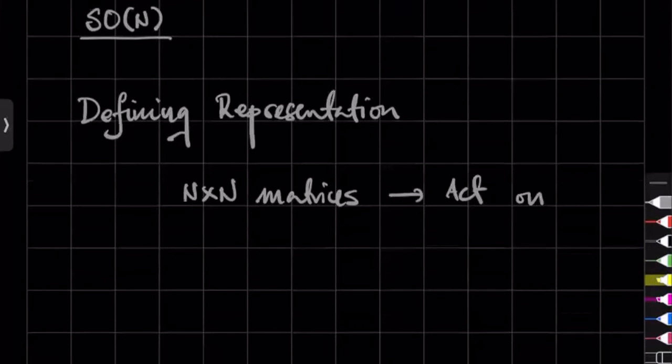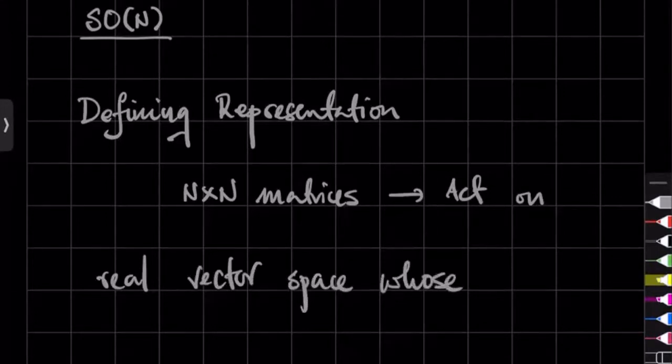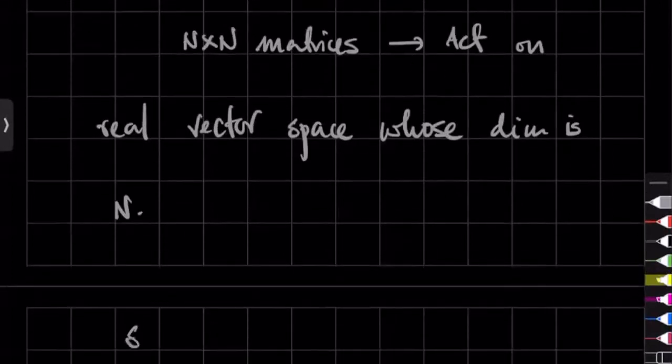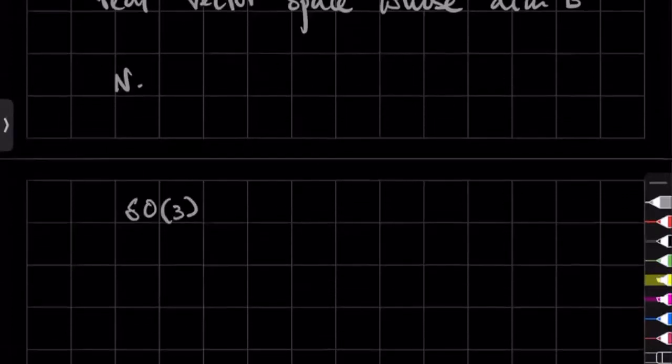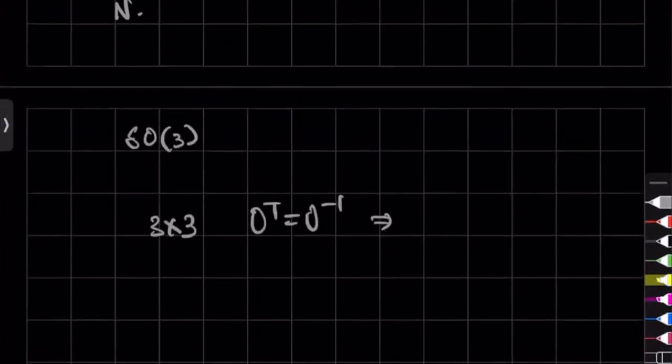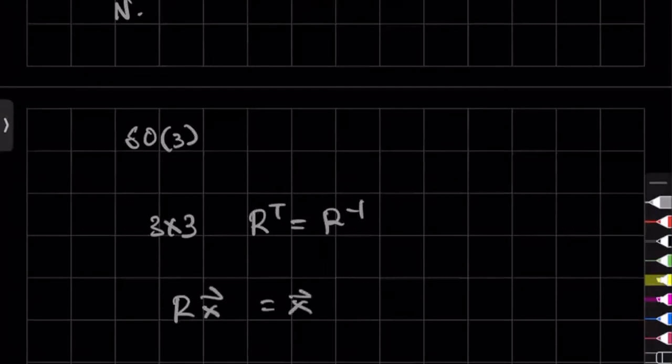So they act on a real vector space whose dimension is n. In the case of SO3, we know that these are 3 by 3 orthogonal matrices. We usually write the SO3 elements as R because of the rotation interpretation, but they act on 3-dimensional vectors to give you other vectors which are rotated.